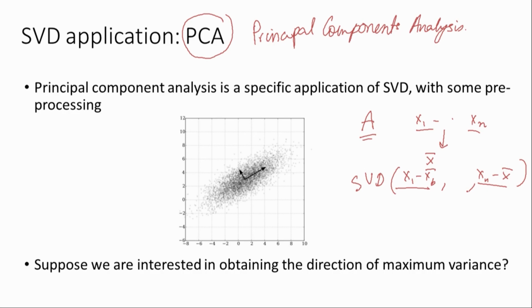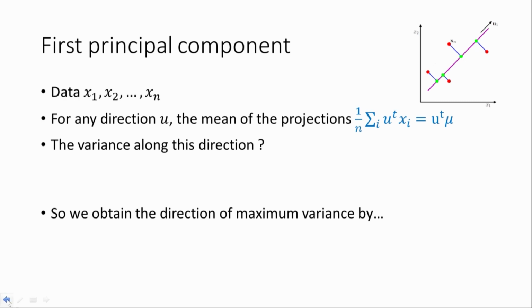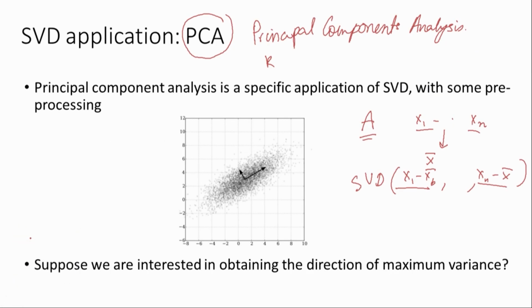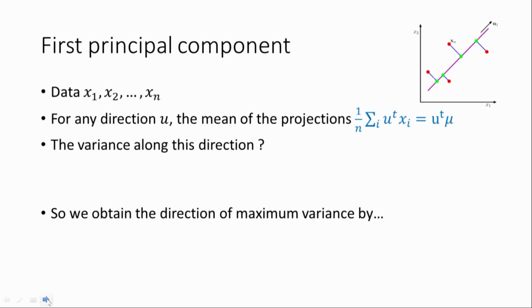When we talk about the k principal components of the data, we are doing nothing but taking the top k singular vectors of this matrix, which contains x1 minus x bar through xn minus x bar in the rows. If you put the points in the rows, you want the right singular vectors. If you put the points in the columns, you want the left singular vectors. Basically, that's it.